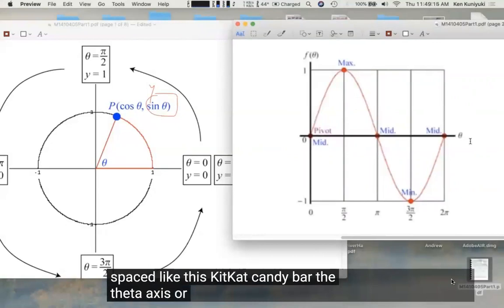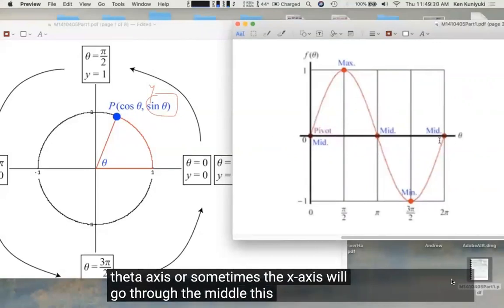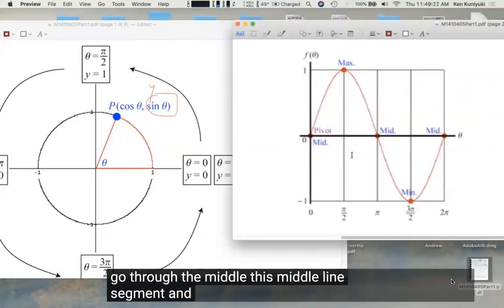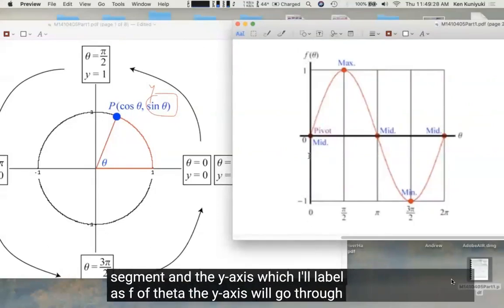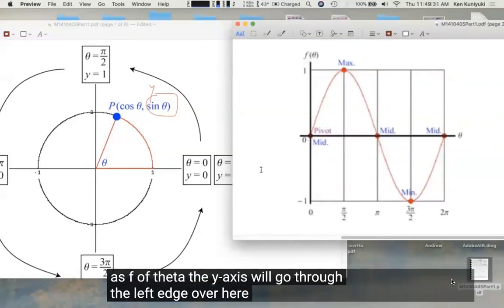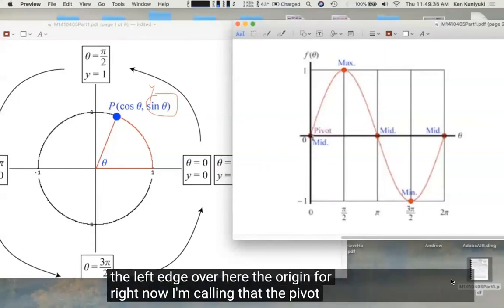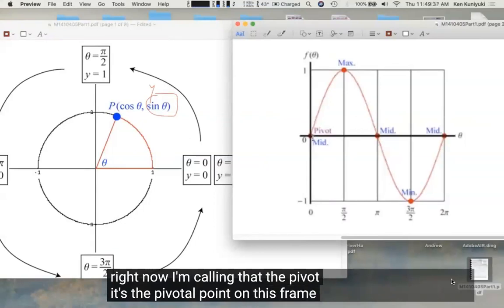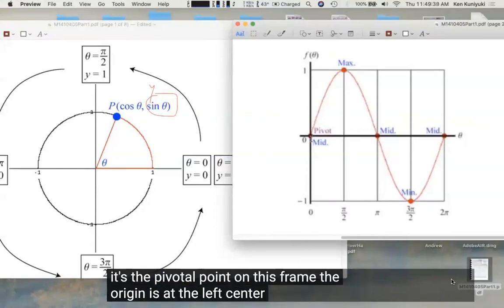The theta axis, or sometimes the x-axis, will go through the middle line segment, and the y-axis, which I'll label as f of theta, will go through the left edge over here. The origin, for right now I'm calling that the pivot, it's the pivotal point on this frame. The origin is at the left center of the graph.